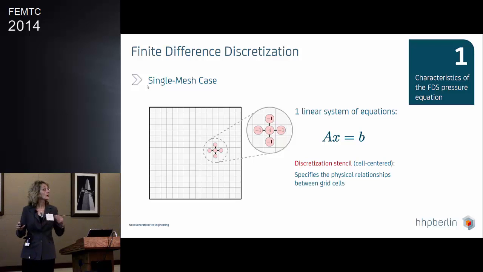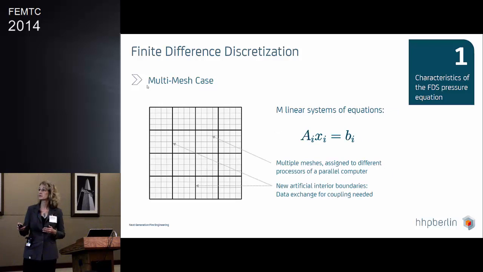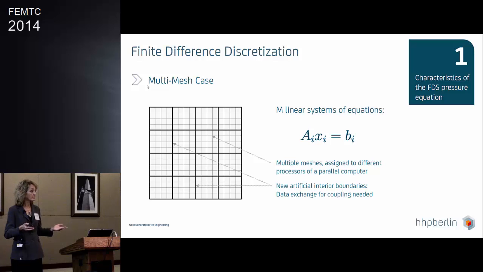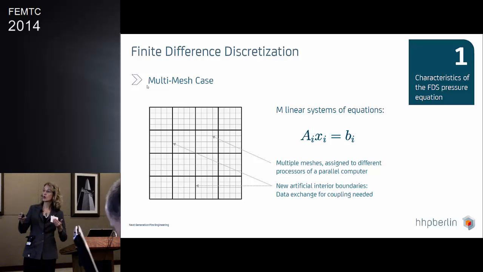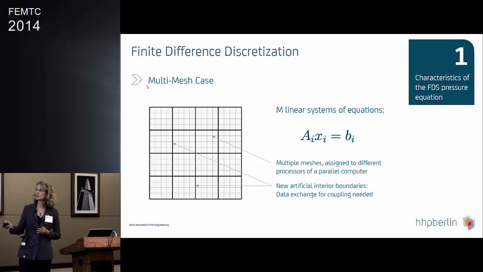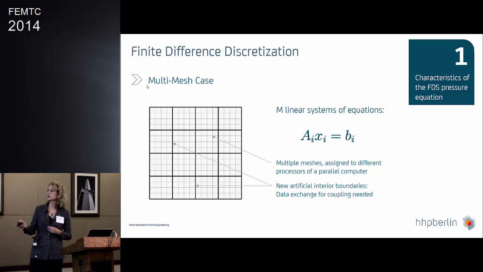But now, we do not want to solve single mesh problems. We want to solve multi-mesh problems. And to this end, the computational domain is split up into a lot of different sub-meshes. And so we do not end with one system of equations, but we end with, let's say, m linear systems of equations.